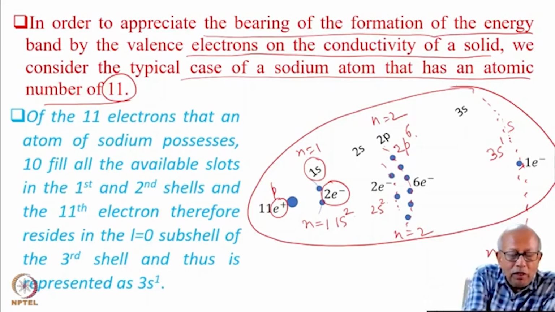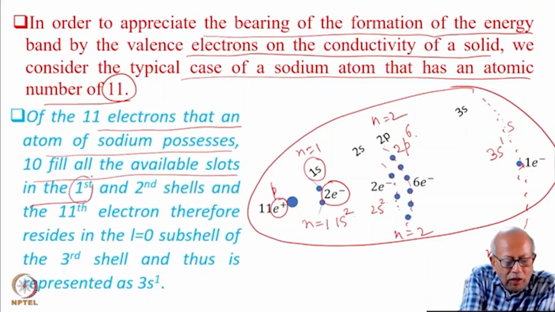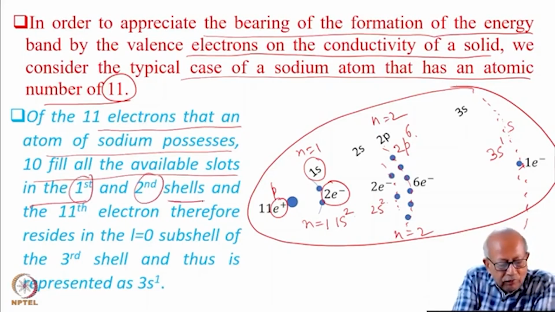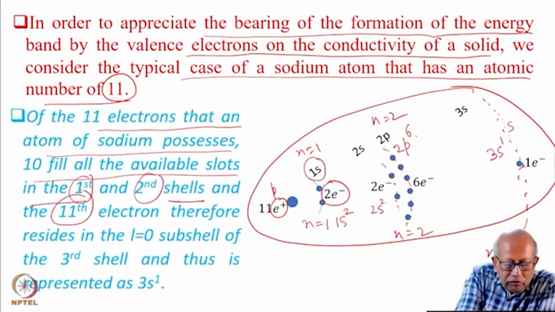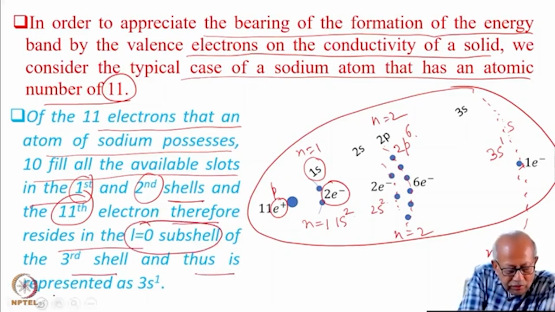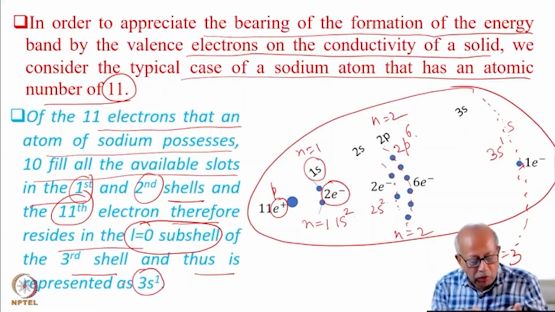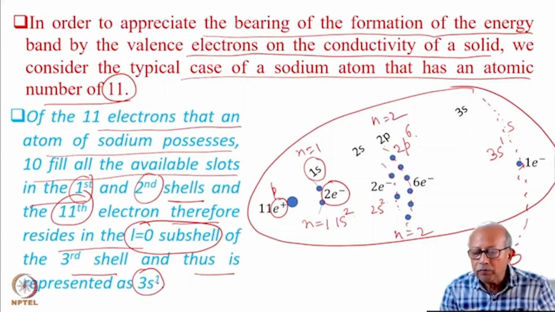So then of the 11 electrons that an atom of sodium possesses, 10 fill all the available slots in the first and second shells. And the 11th electron therefore resides in the L equal to 0 subshell of the third shell, and thus is represented as 3s1, and it actually is half full because two electrons can go.